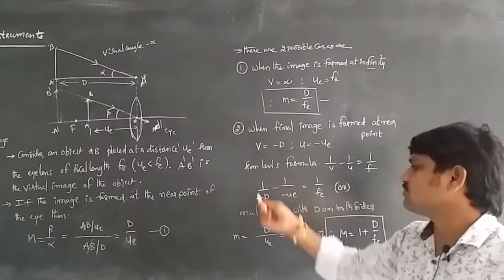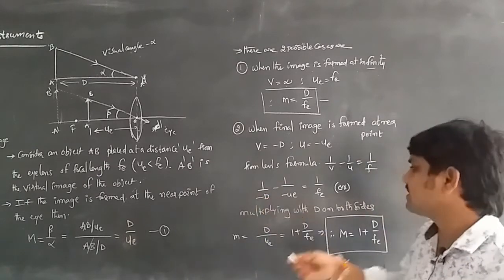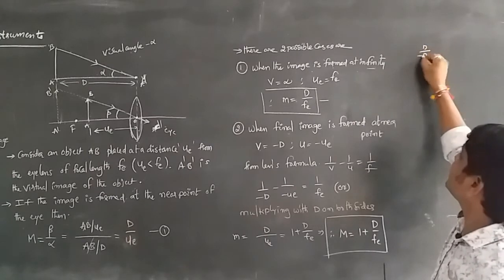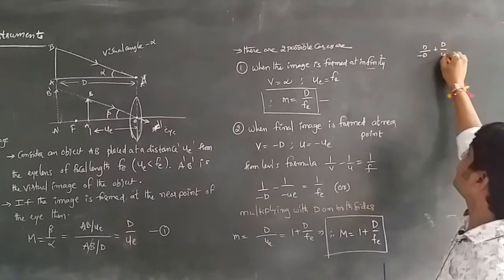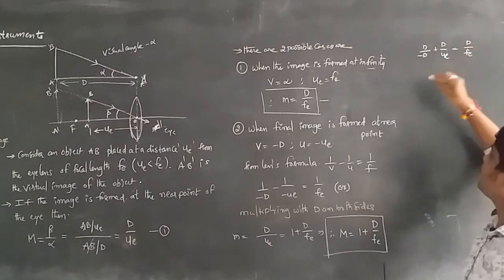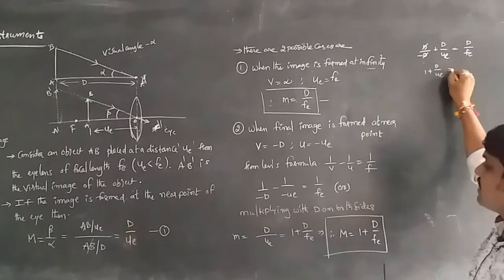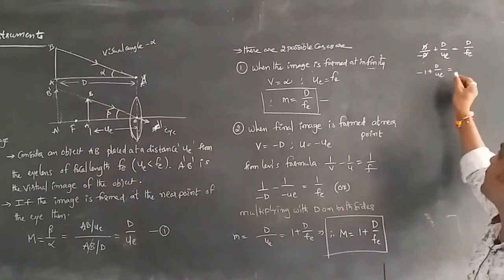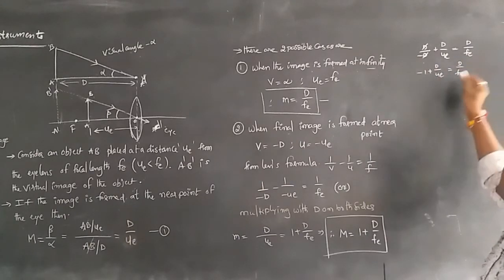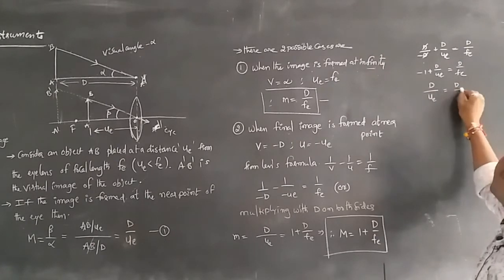Multiplying both sides by D and simplifying, we get 1 plus D by UE is equal to D by FE.